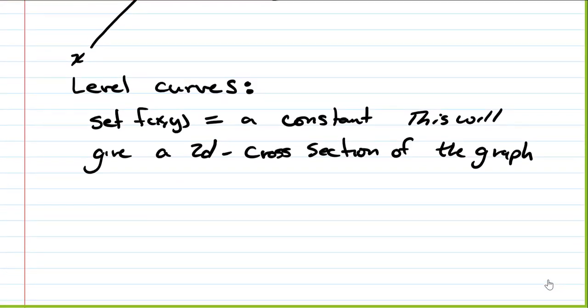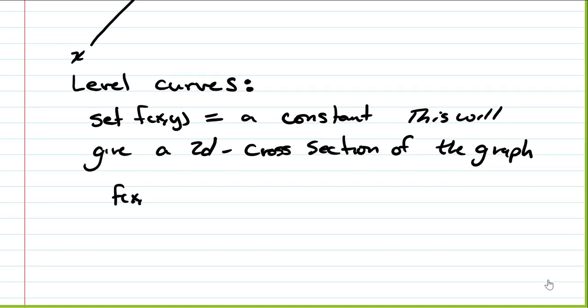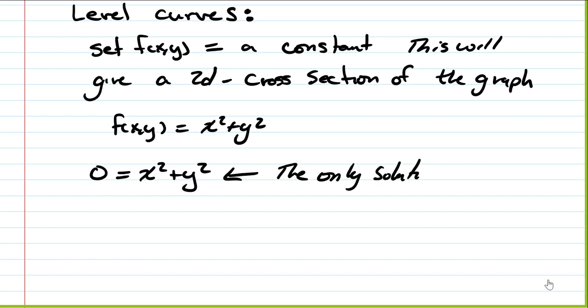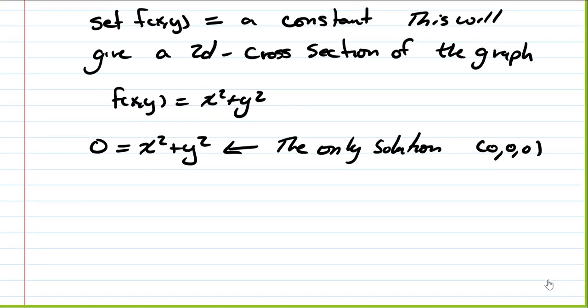So in this example, we have f of xy is equal to x squared plus y squared. So if we let f of xy equal a couple of different things, so let's let it equal 0. If we have 0 equals x squared plus y squared, the only solution would be the ordered pair 0 and 0, so it would be the ordered triple 0, 0, 0.